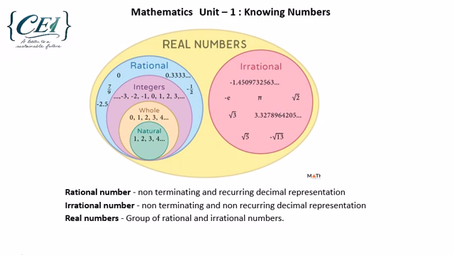All natural and whole numbers are integers. All natural, whole numbers and integers can be expressed in a upon b form. So there are rational numbers and there are a few irrational numbers. The combination of rational plus irrational gives real numbers.